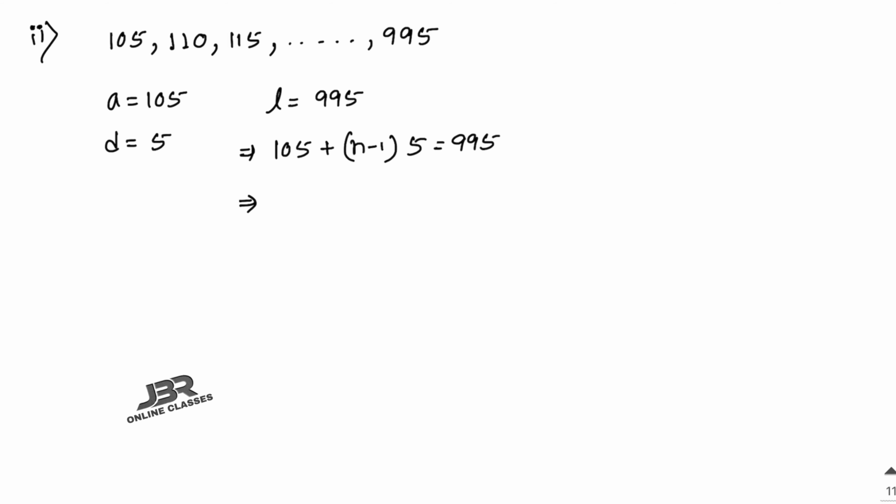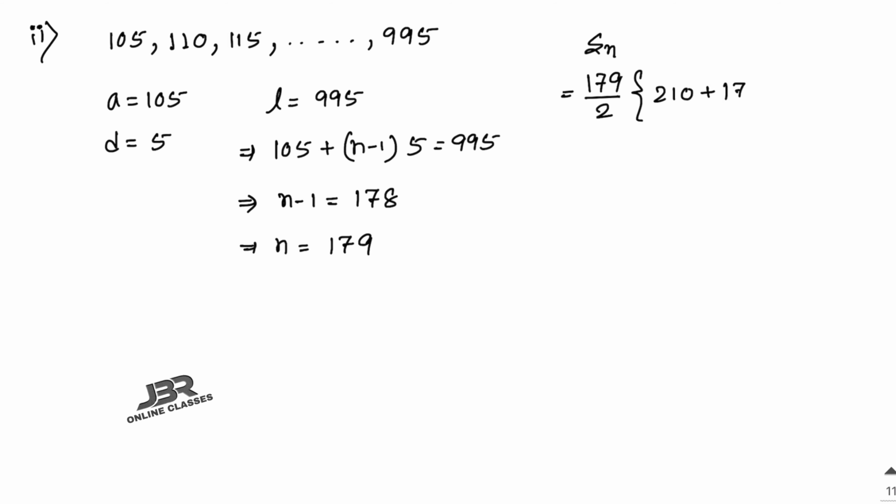So 995 minus 105 is 890, divided by 5. So n minus 1 equals 178. So n equals 179. Okay. Now you have to find out the sum. Sum means Sn. So Sn is n by 2, so 179 by 2, then 2 into A. So 2 into A means 105 into 2, it's 210.